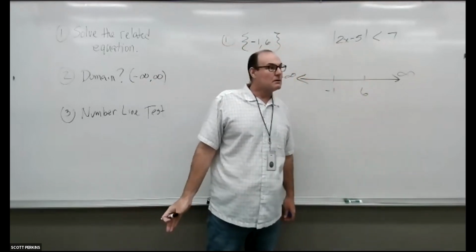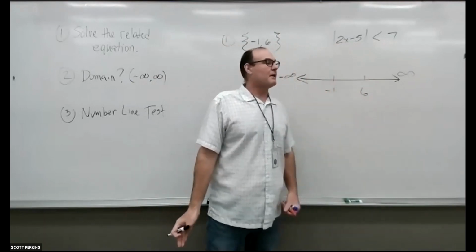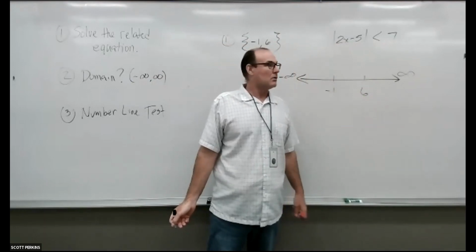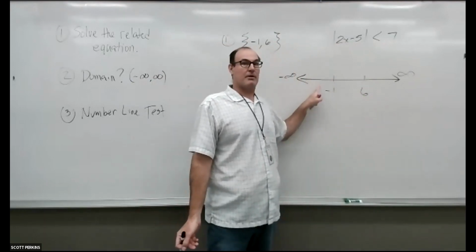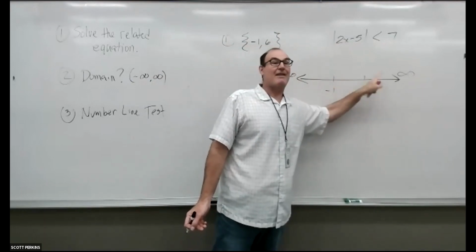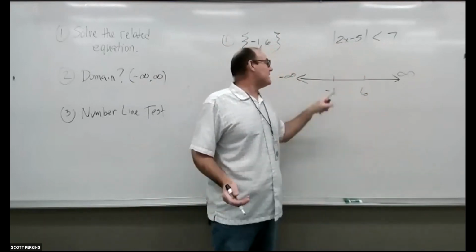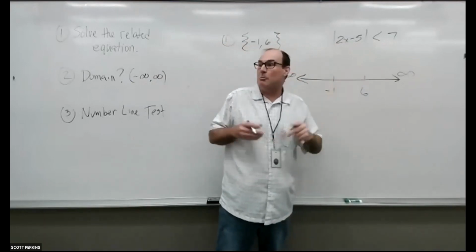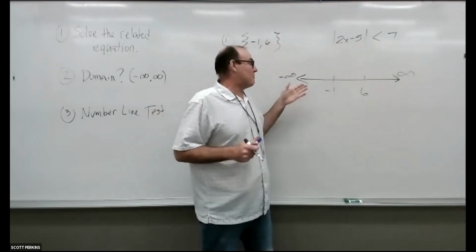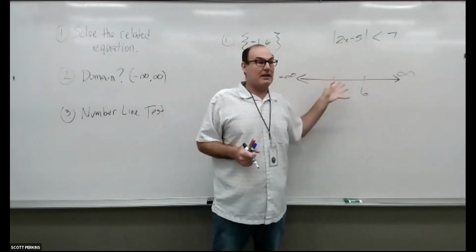So notice, when I put those numbers on there as my boundaries, how many intervals do I now have? Count with me. I've got 3. And so if -1 and 6 are the two places where it's equal, then it stands to reason that it's either bigger or less than in the intervals.